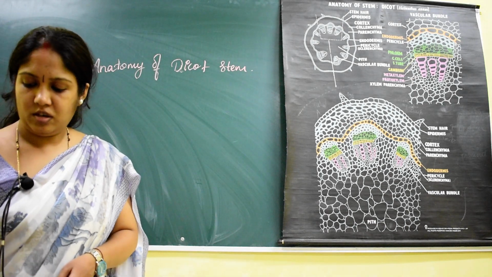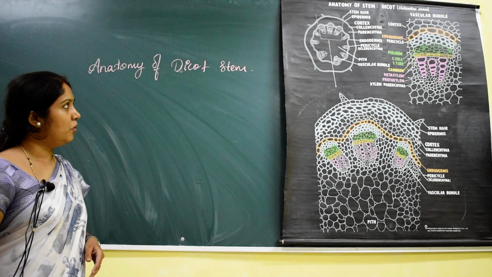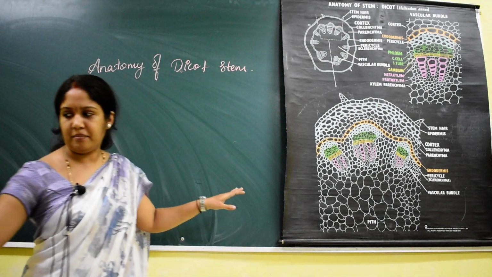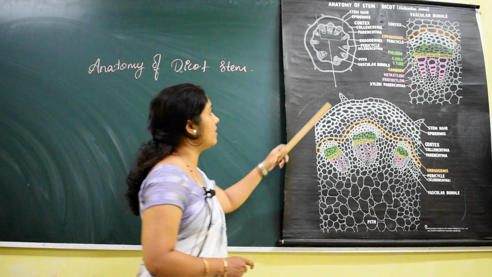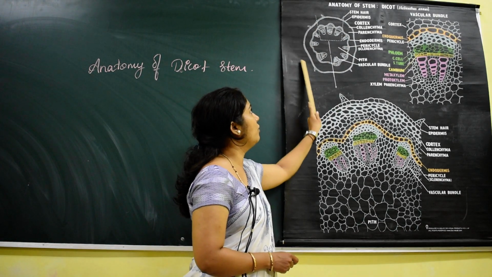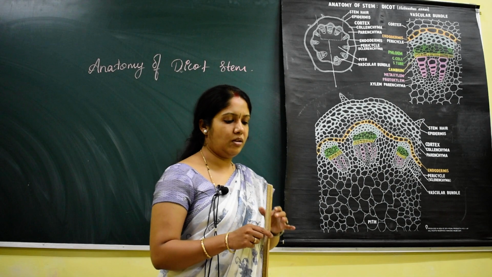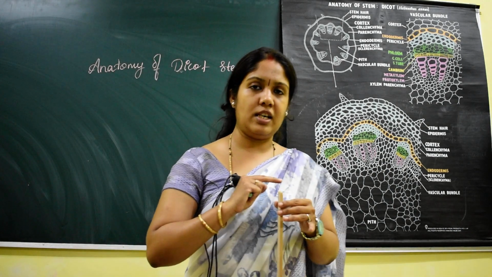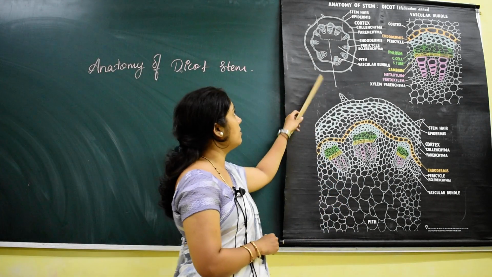So when we take a section of a dicot stem, it appears in this view. This is how it looks if we take a TS, a transverse section, of the stem, which gives a spherical view.